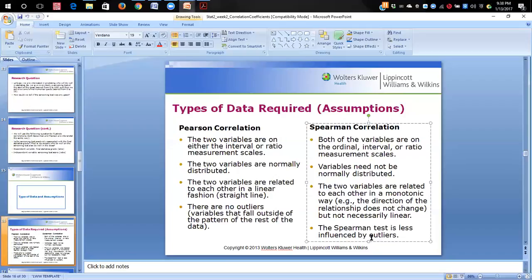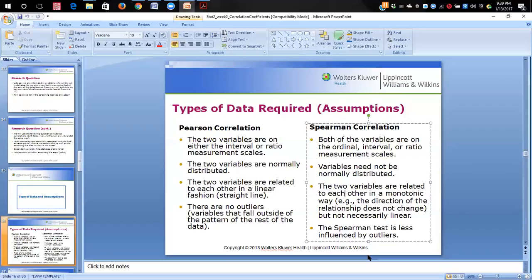And this Spearman correlation is also highly applicable to analysis if there are some outliers, because the Spearman test is less influenced by outliers. That's why we need to examine our data.